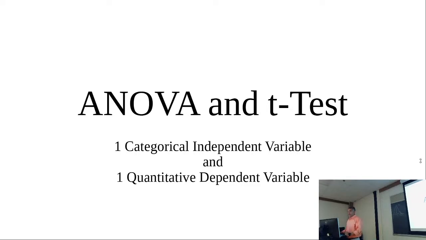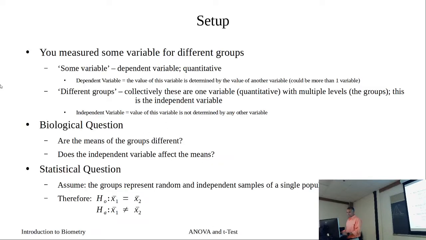The difference between ANOVA and t-test comes down to how many groups we have in this categorical variable. If it's only two groups, we can run a t-test or ANOVA. If it's three or more, we can only run an ANOVA.